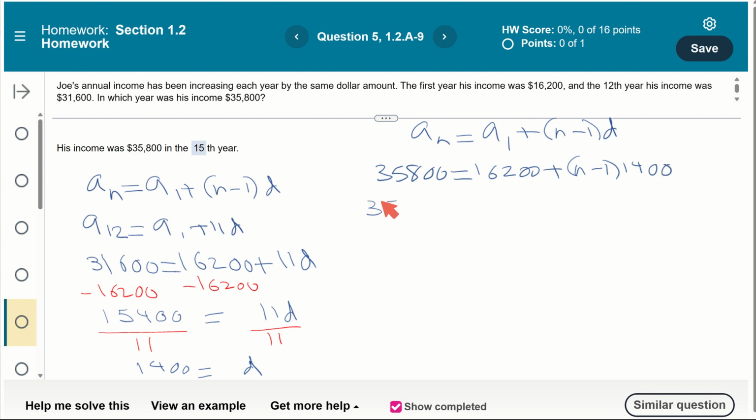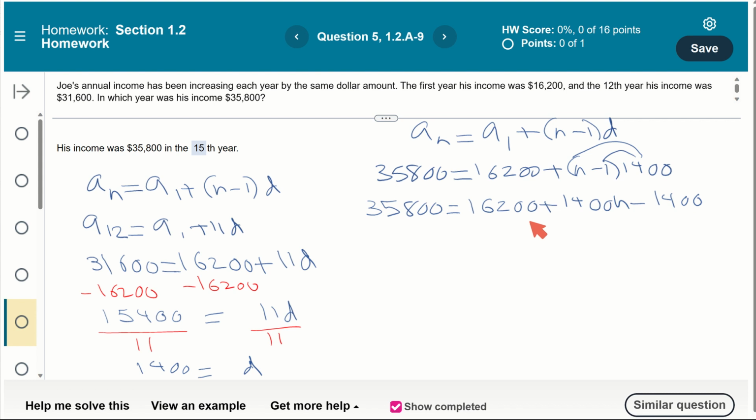So 35,800 equals 16,200 plus, we're going to distribute the 1400 from the right. So we get 1400n minus 1400.